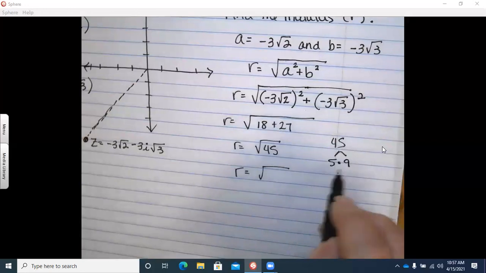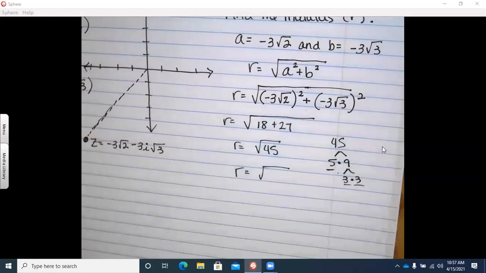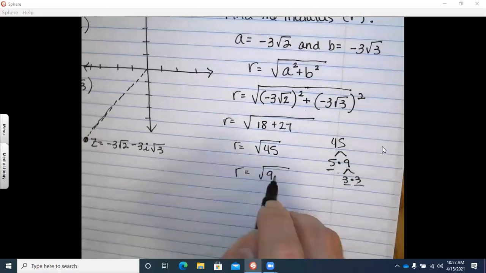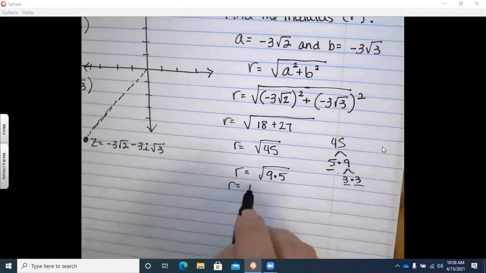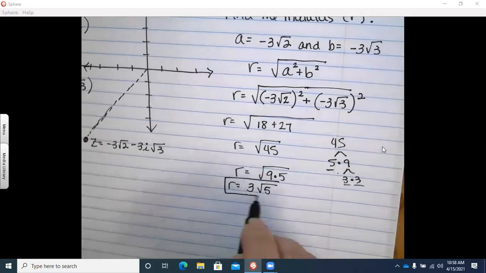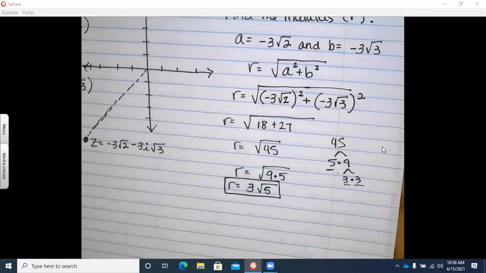Well, if I've got two 3's, that makes a perfect square, correct? So 45 is the same thing as 9 times 5. Since we have a perfect square, we take the square root. What's the square root of 9? 3 times the square root of 5. 5 is not a perfect square. It doesn't have a perfect square factor besides 1, so we just leave it under the radical. Okay. So we have our r.